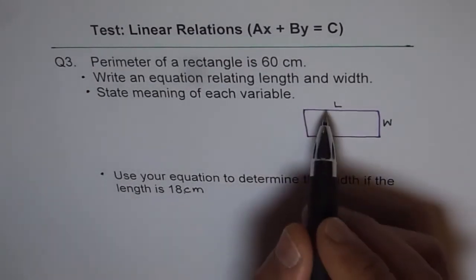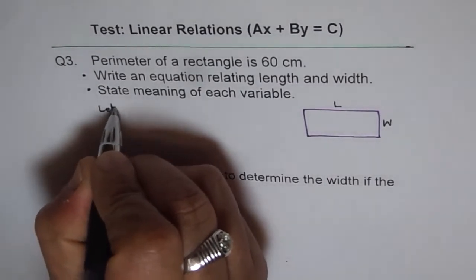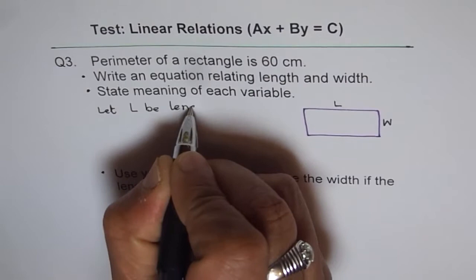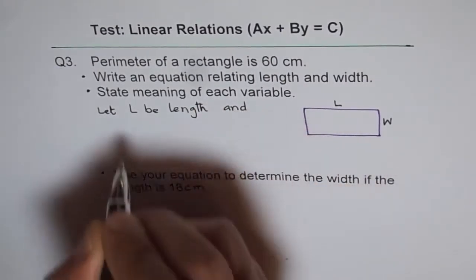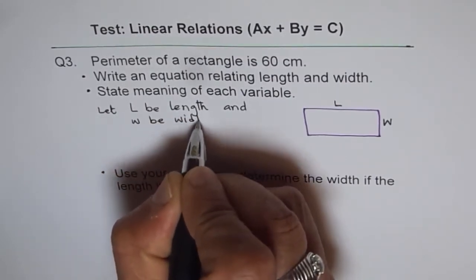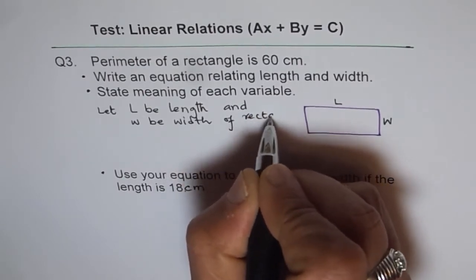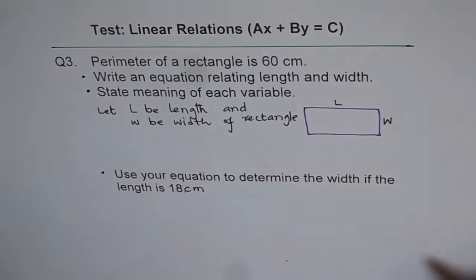Now let's look into our diagram, and we can say let L be length and W be width of the rectangle, right, as shown here in the figure.